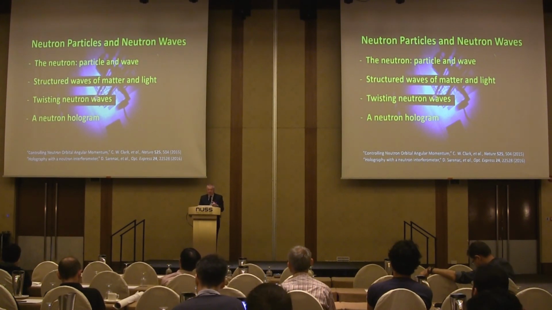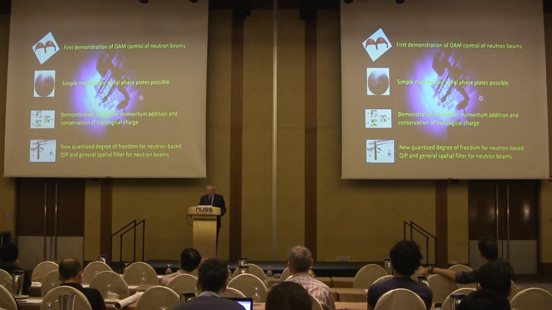But nevertheless, it can be used in a similar way to give outcomes that resemble those known in other wave motions. And looking towards the future, we see that we can have the same type of structured wavefront generation for neutrons as we have for light and other quantum particles.